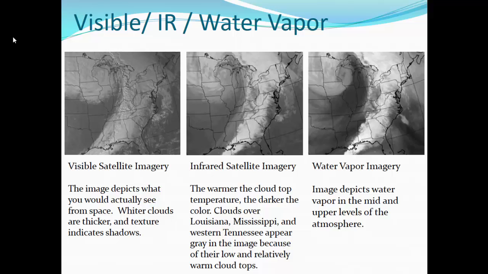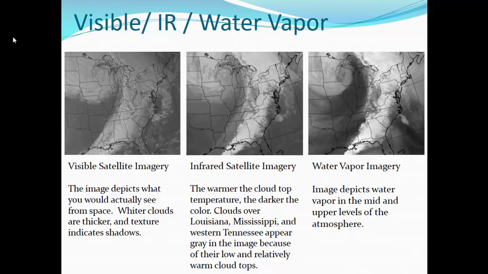And here you see three different satellite images, same time, same region: visible, infrared, and water vapor. The visible, again, because you can see how thick the clouds are, and you can also literally see what's being reflected back, you not only get the cloud height by their thickness, but you also see shadows.